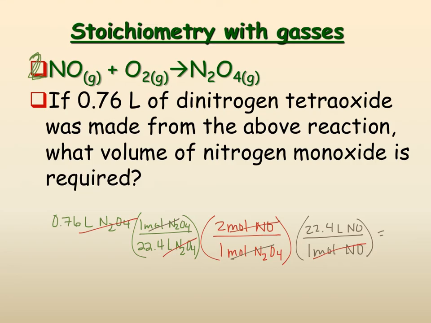It ends up giving me 1.5, I think it's 52 liters. But if I think about sig figs, that 2 is an extra significant digit. It won't affect me as far as rounding, so I have to remove that one. So my answer would be 1.52 liters of NO.